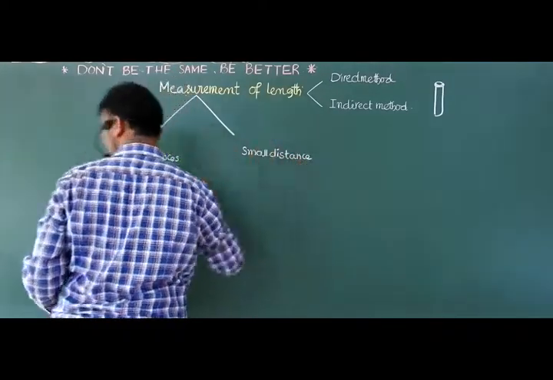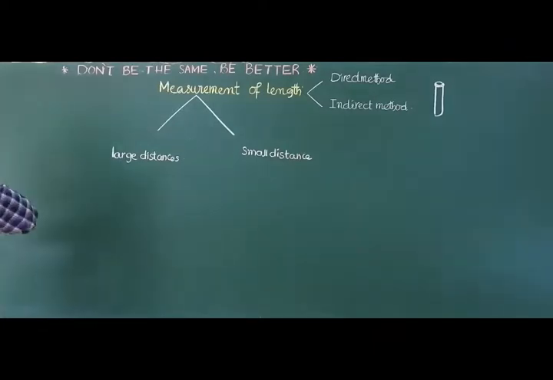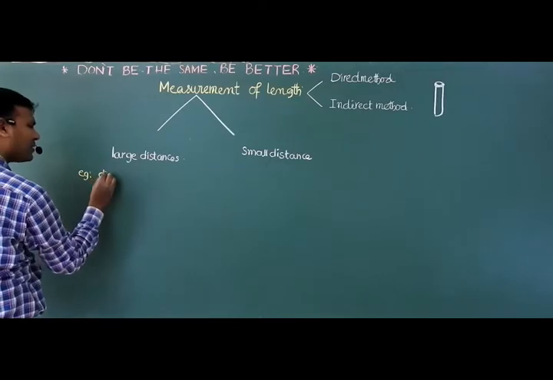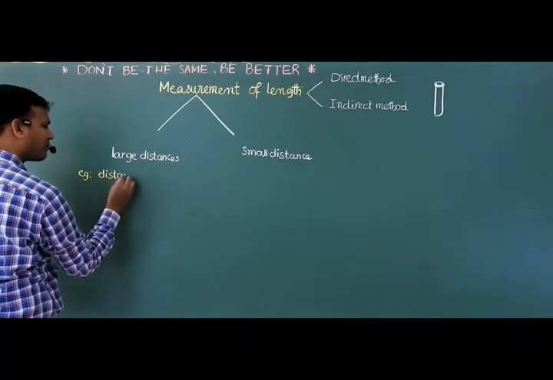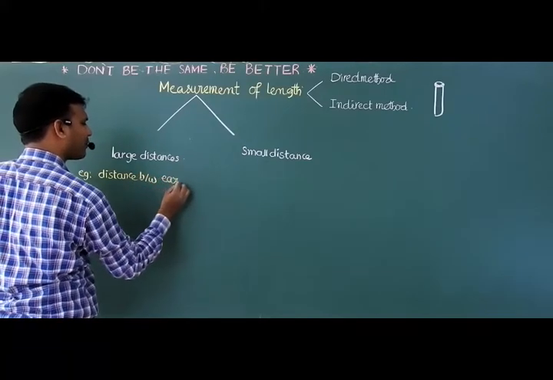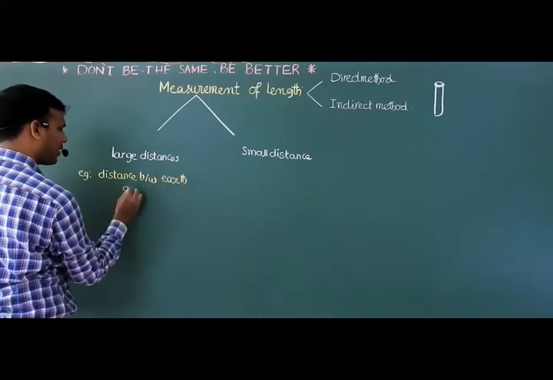So give examples. Examples for large distances: the distance between Earth and the Sun.